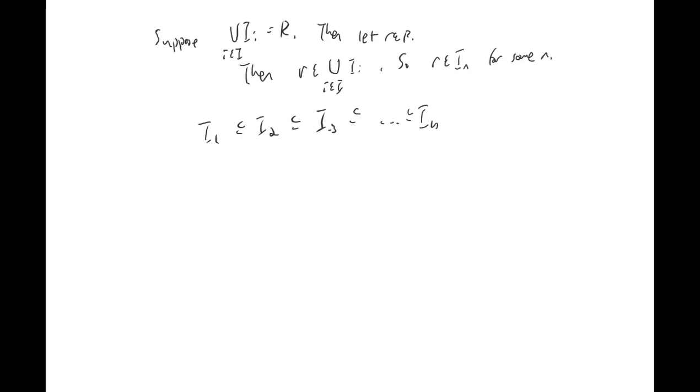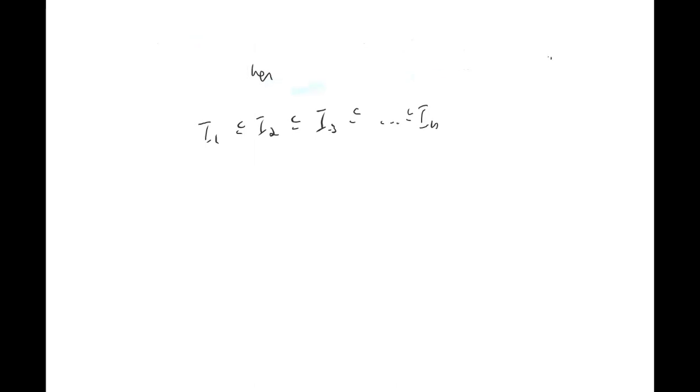So what I want to do is say, let R be an arbitrary element in R. I need to show that there is one thing that isn't in all the others.